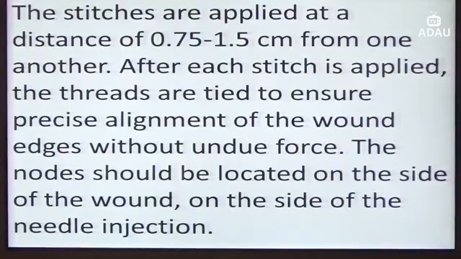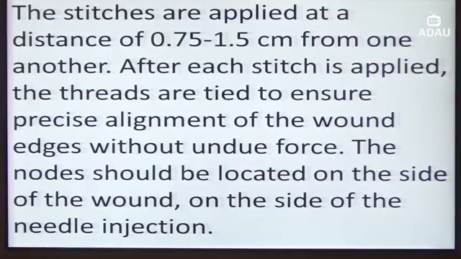The stitch is applied at a distance of 0.75 to 1.5 centimeters from another. For example, needle injection may be 0.5 centimeters, sometimes 0.85 centimeters, because it depends on different depths of wounds.